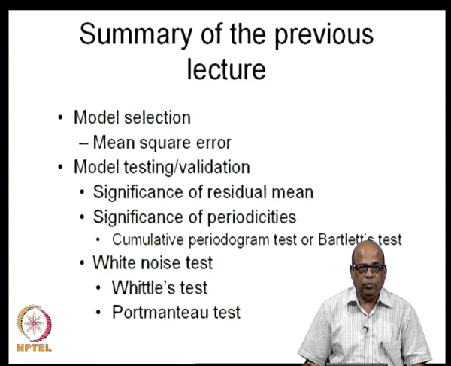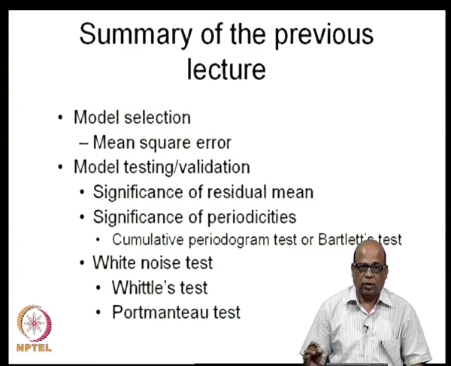Essentially what we do is that we select a set of candidate models and then estimate the parameters using the calibration data, the first part of the data. We use parameter estimation methods, typically Marquardt's algorithm or the algorithm that is available in MATLAB, and then estimate all the parameters of the candidate models.